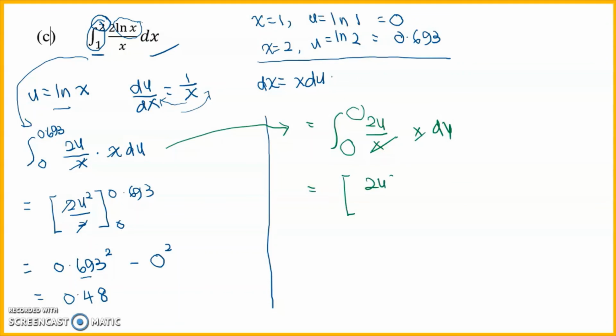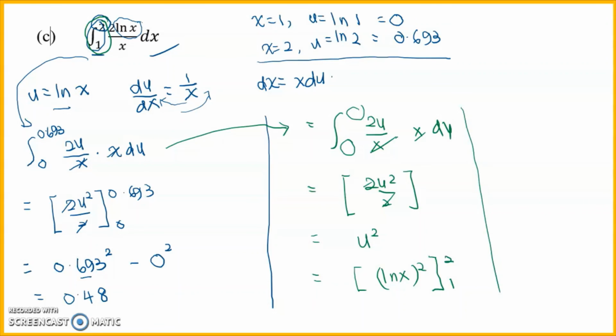I'm going to get 2u squared over 2 without the limit. Okay, then I get u squared. When I'm in u squared, I substitute it back to ln x, so it becomes ln x squared. When I'm in x, then I use back the limit for x, 1 to 2. So it's going to equal ln 2 squared minus ln 1 squared. So I get back the answer.